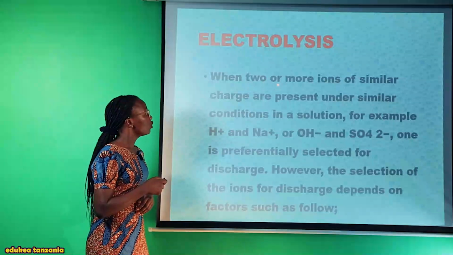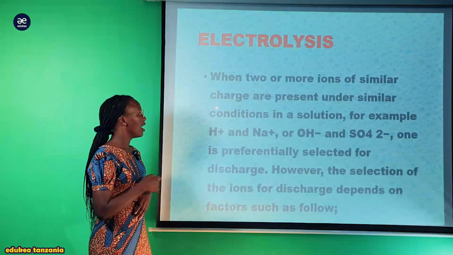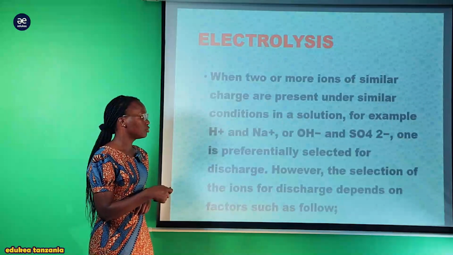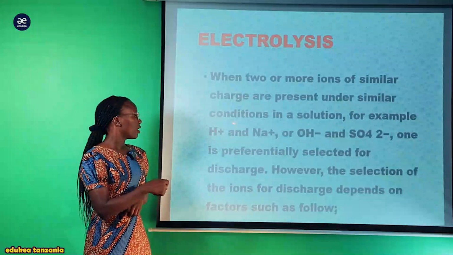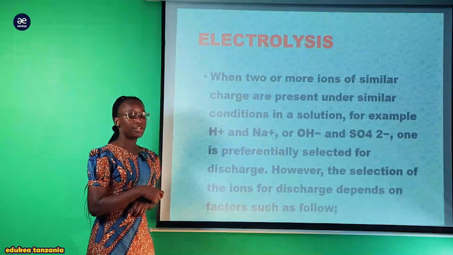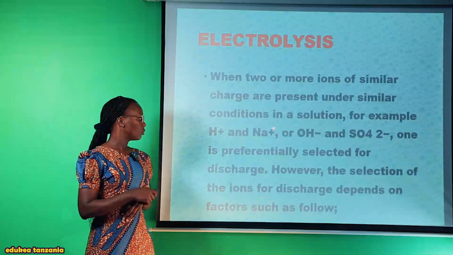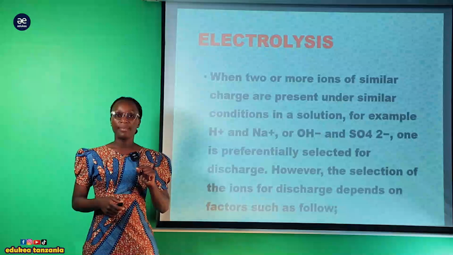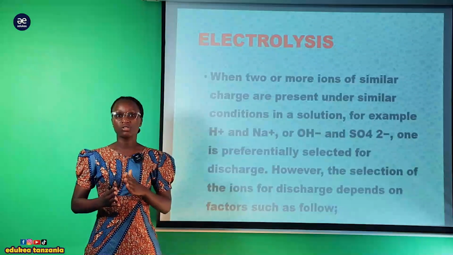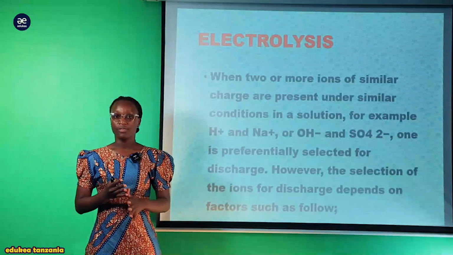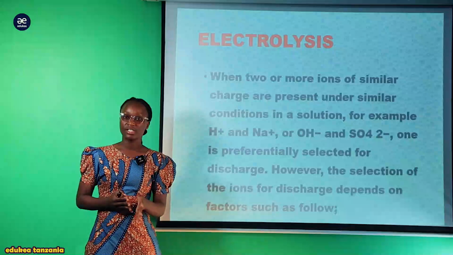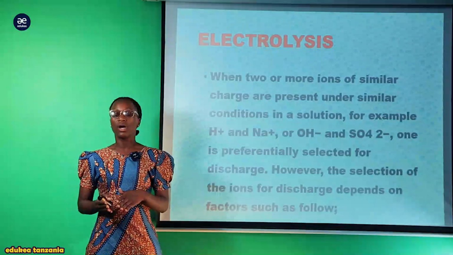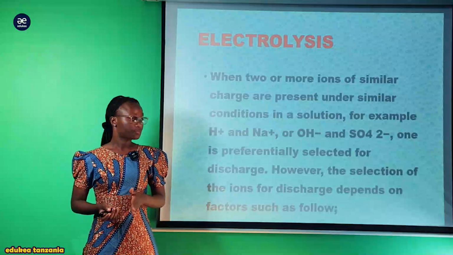Now when two or more ions of similar charge are present under similar conditions in a solution, for example, we have the hydrogen, which is a positively charged ion, and we have the sodium, which is a positively charged ion. Sodium imetoka kwenye free ions of the electrolyte, from dissociation of the electrolyte tumempata sodium, lakini hydrogen ametoka kwenye water.